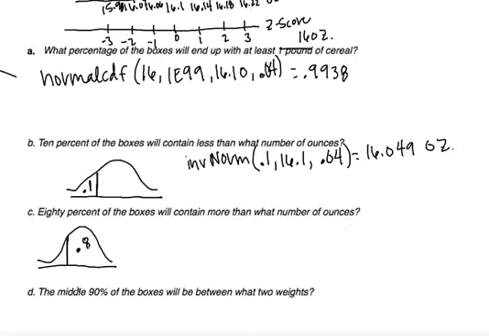Your area over here is 0.8, because it says 80% of the boxes will contain more than what number of ounces, so you're looking for when the area to the right is 0.8. Remember that your z-scores and your normal CDF give you the area to the left. You need the right for this one, which means you have to do a little bit of work. If this is 0.8 over here, that means that this right here is 0.2.